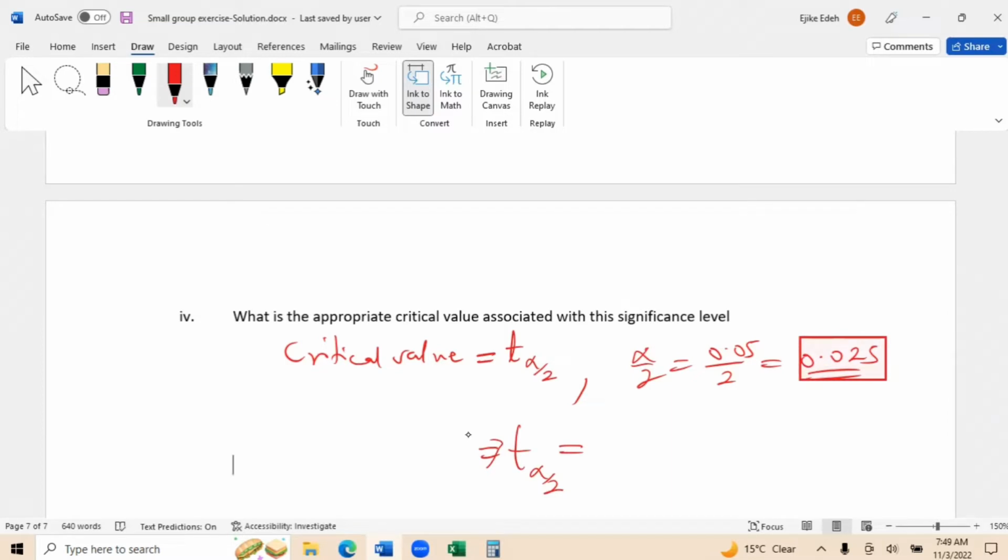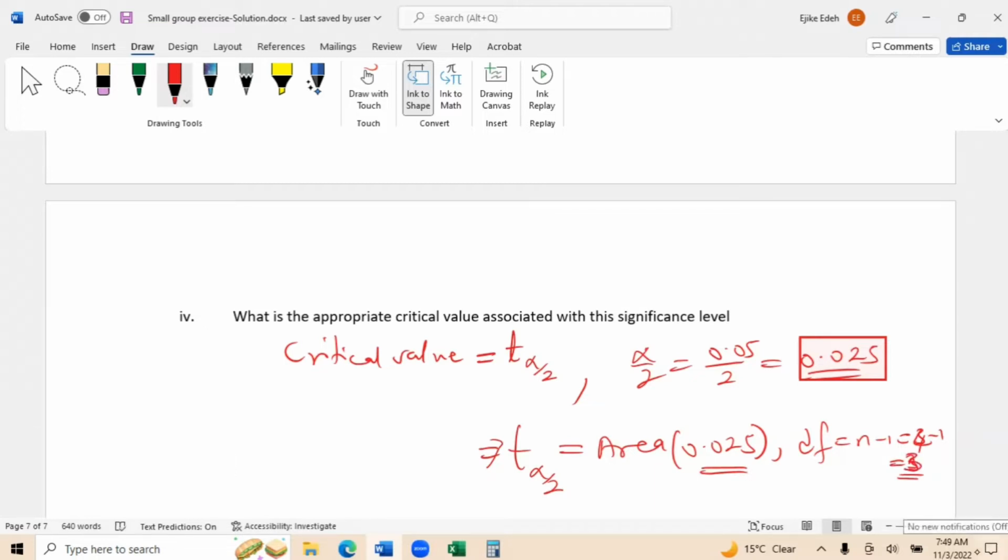So I'm going to look for the area where I have 0.025, under the degree of freedom, which is n minus 1, so 4 minus 1, which is 3. I'm going to look for degree of freedom 3 and the area 0.025 in the T table.